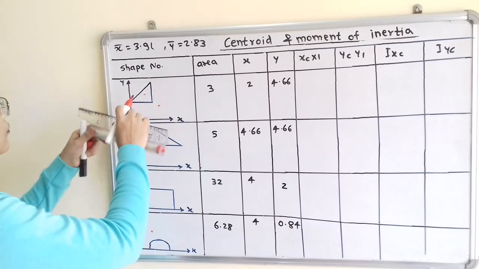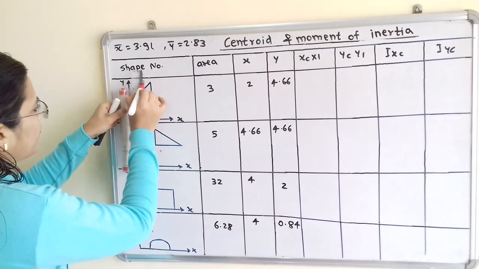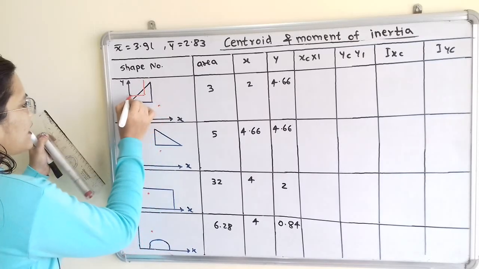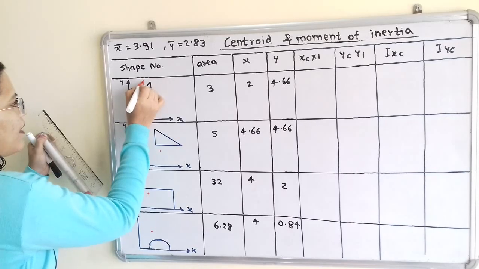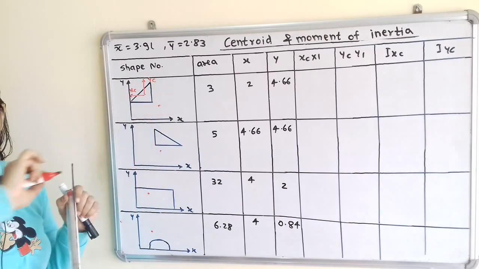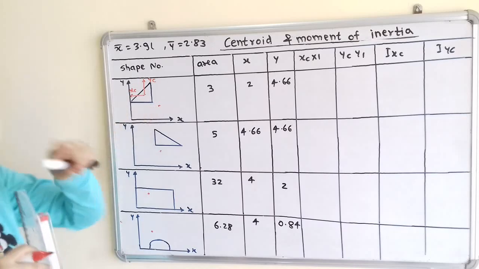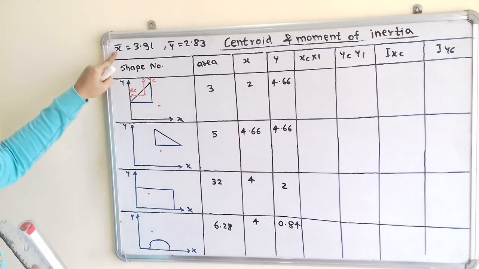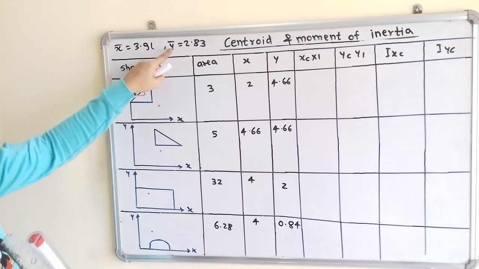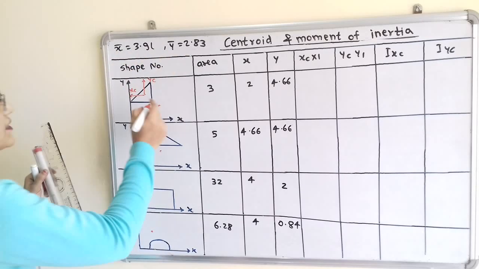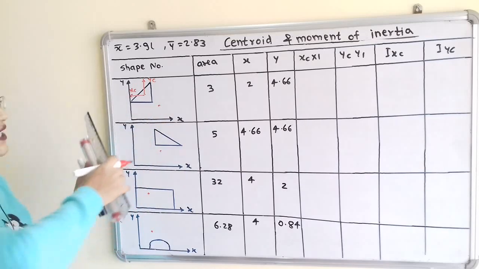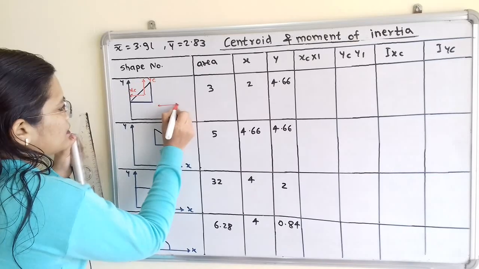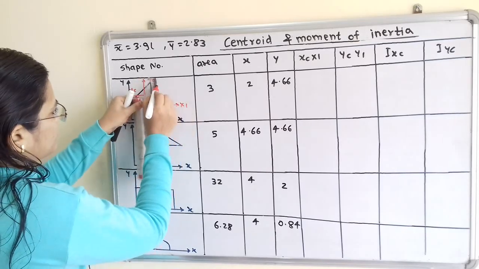Now from this centroid we will show x-axis and y-axis passing through this point. Now this x-axis is known as xc and y-axis is known as yc. We have to show centroid for this whole shape that we have calculated. So its coordinates x bar and y bar are known. Now this is the point, and we have to show the axis passing through this centroid, that is x1 and y1.